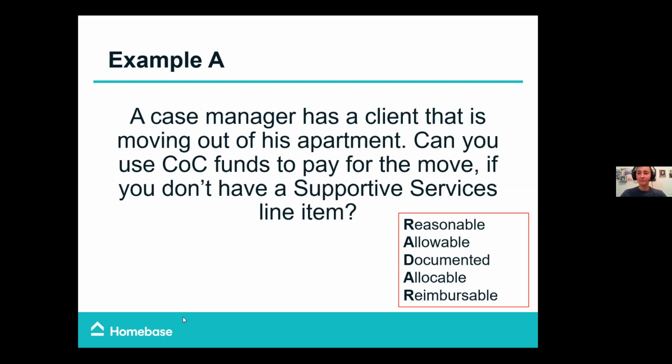If you really want to use your funds for supportive services costs and the line item is not in your budget, you can submit a budget amendment. But first, you'll want to consider the time and effort it takes to do so. It can take over a month to process an amendment, so you'll want to talk to your HUD field rep first.